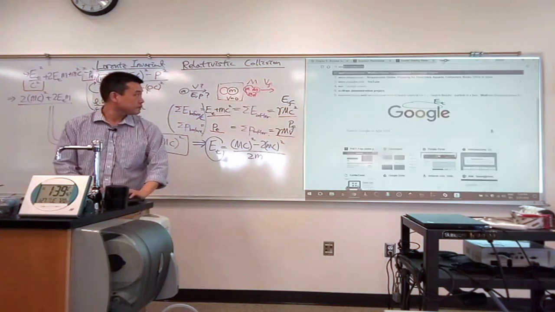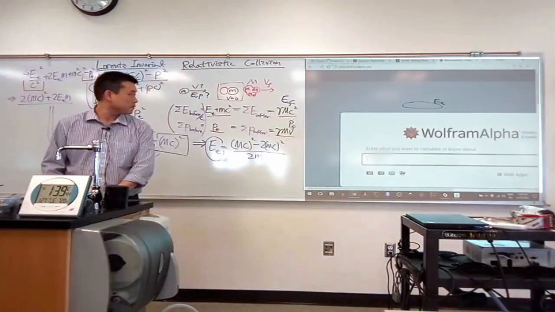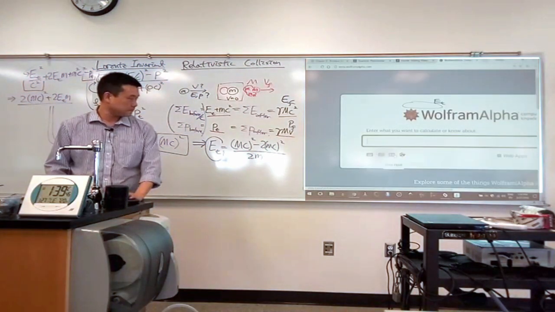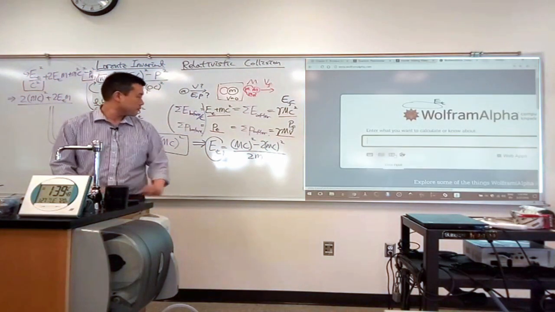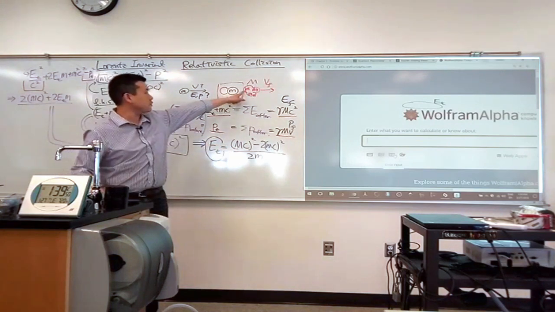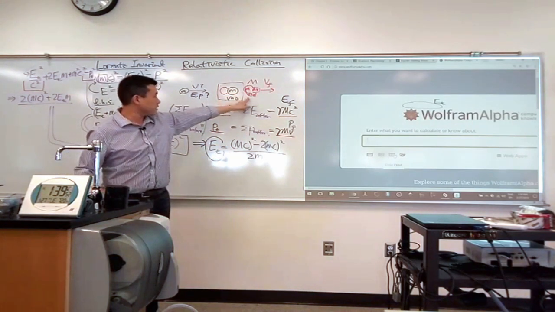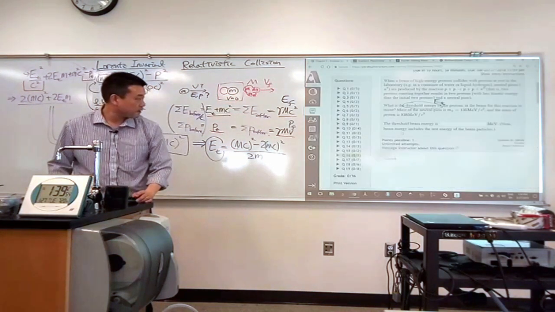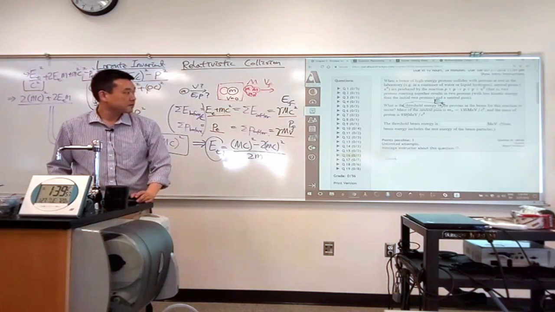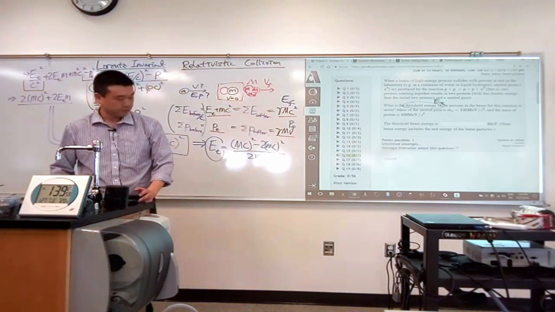Let me do it this way. So this big M is the mass of the protons plus the pion. That would be 938 times 2, plus 135.